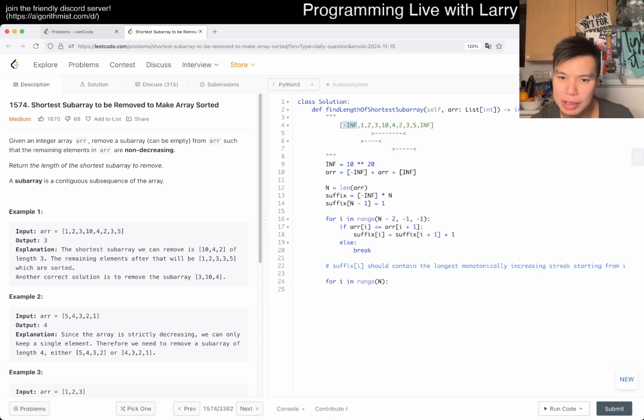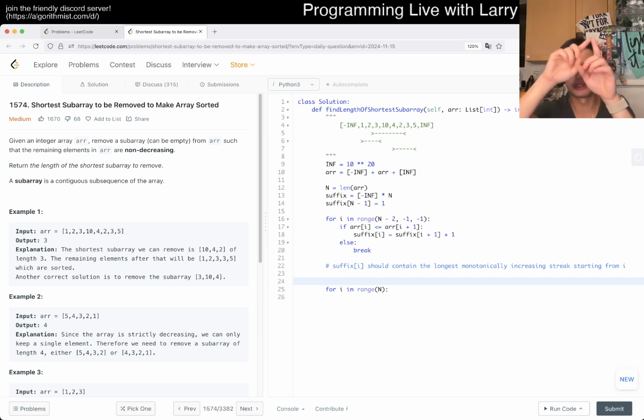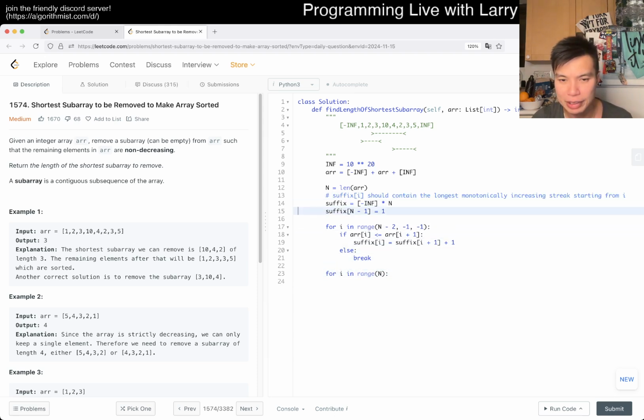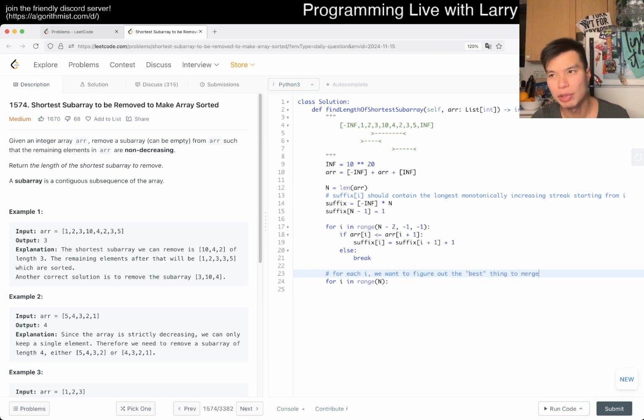But yeah, I think you just go from... so now instead of binary search, which was what I actually initially thought of, you could do a two-finger algorithm, right? So now for each I, we want to figure out the best thing to merge, which of course is going to be the smallest, I guess it is the smallest, right?